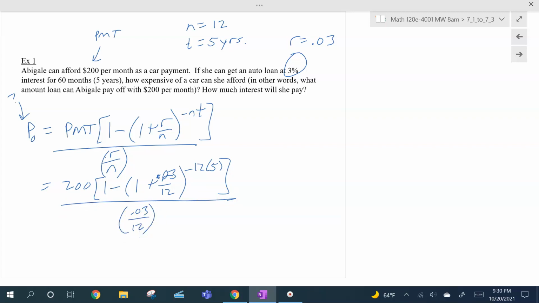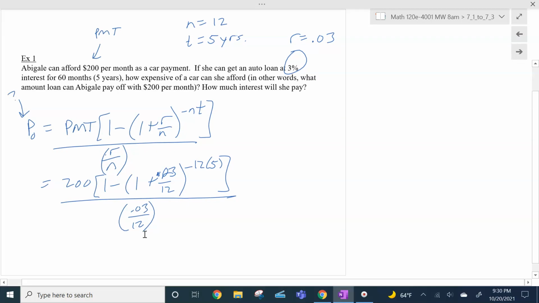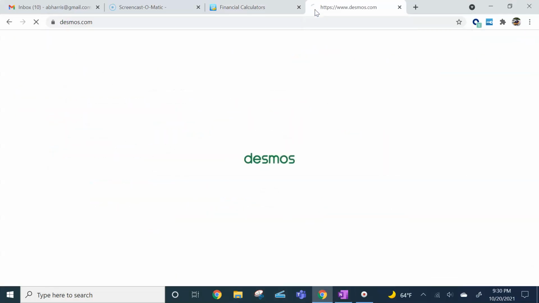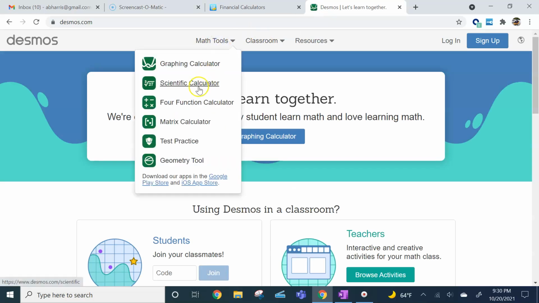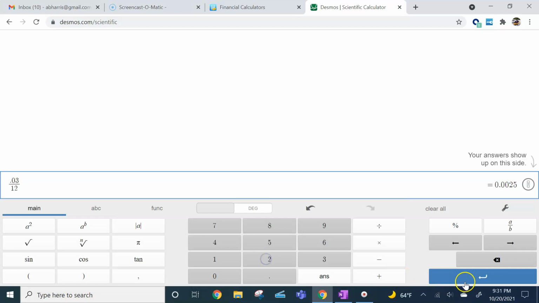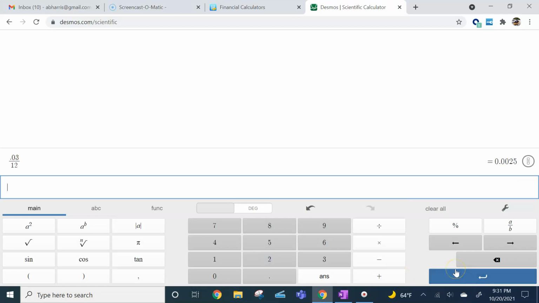Okay, so we punch that in. Pull up my Desmos and pull up my scientific. So first thing, we're going to work from the inside out here. We're going to go 0.03 divided by 12. Enter. So there's the 0.0025.